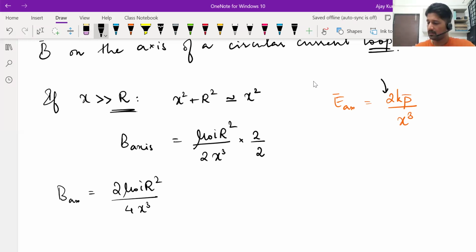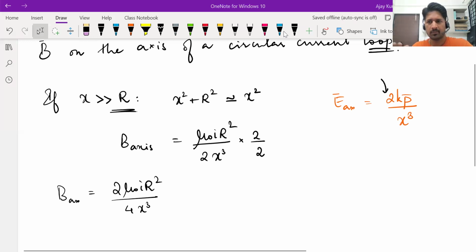Can any of you tell me what K is in electrostatics? One by 4 pi epsilon naught. It's something which depends on the medium. Epsilon naught is the permittivity of free space, right?